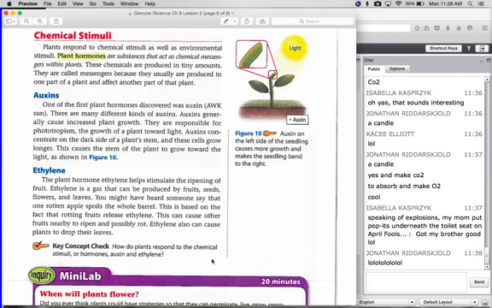Auxins. So, auxin is a plant hormone. Now, this is really interesting. What auxins will do is build up on the side of the plant that doesn't have as much light. So imagine carrying a door on top of your head.